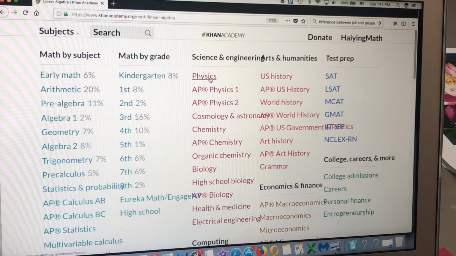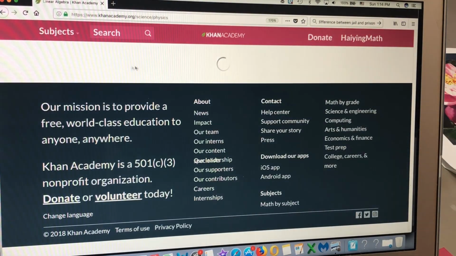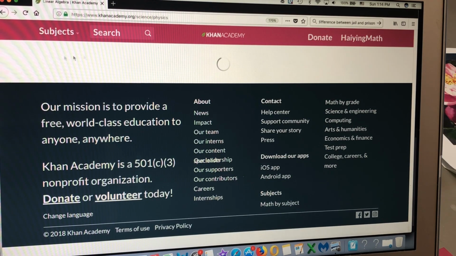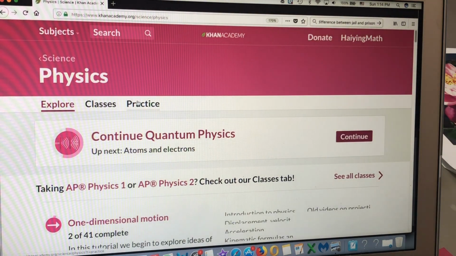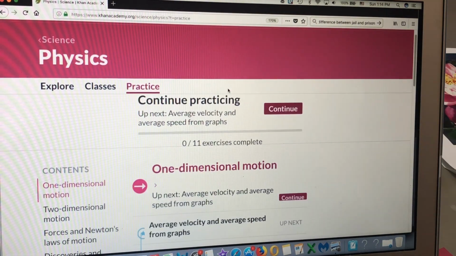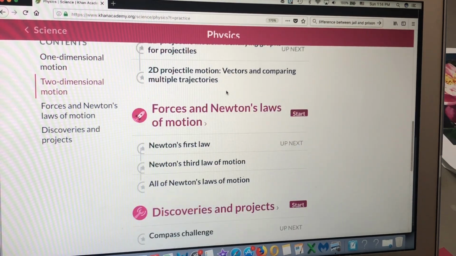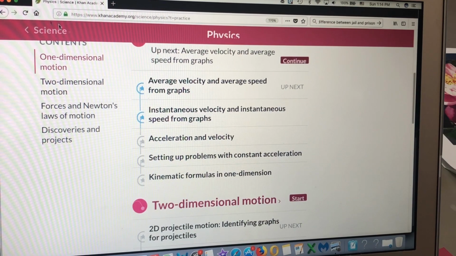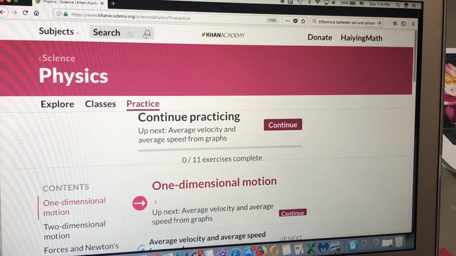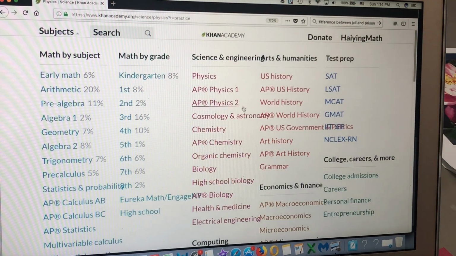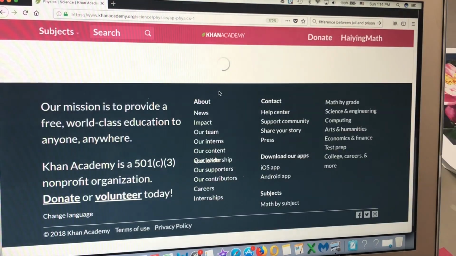Now we move to physics. Let's see if there is practice in physics. Oh, good. They have practice. So you listen to the video and then you can do the practice, which can ingrain all the knowledge in yourself. AP Physics.